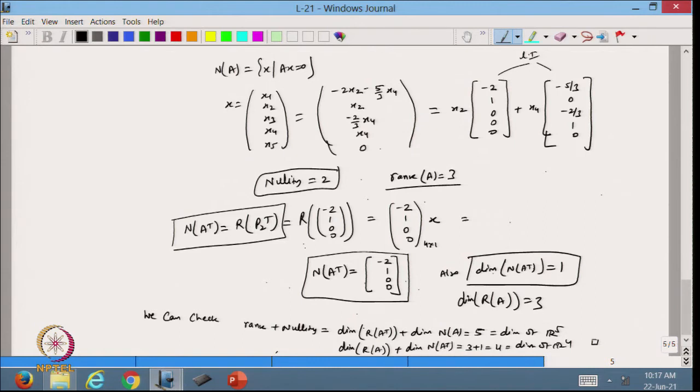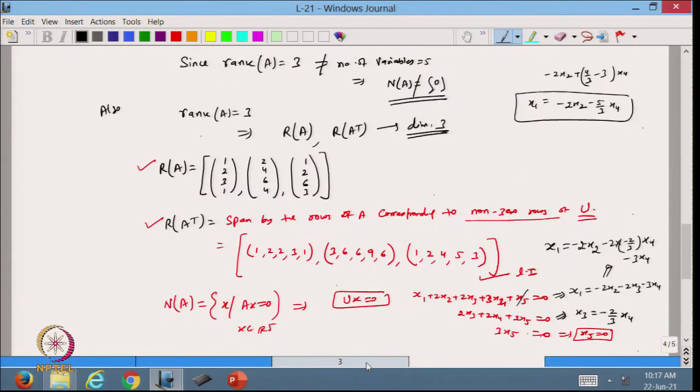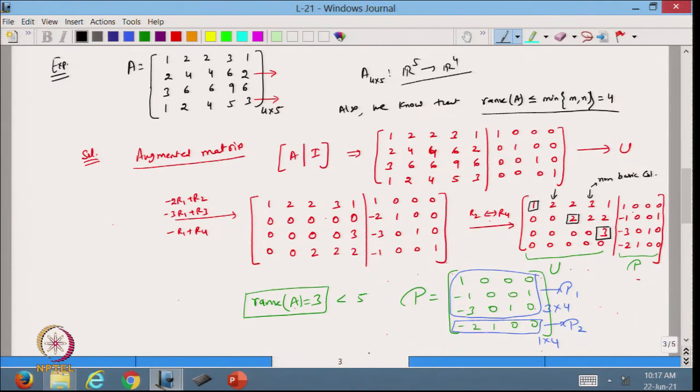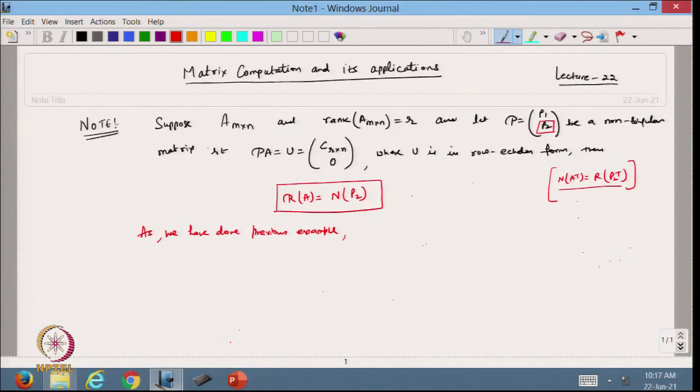Let me get what P2 is there. My P2 is basically this row, minus 2 1 0 0. This is my row vector.